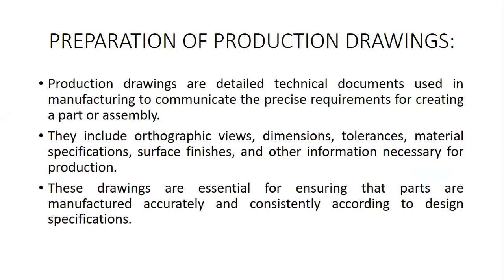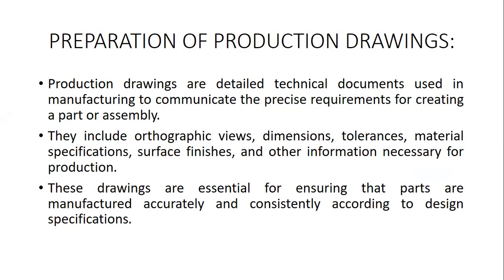Next one is the importance of production drawing, preparation of production drawing in assembly components of various machine parts. Normally production drawings are said to be the detailed technical information or a document used in final manufacturing to communicate the various information that is required for manufacturing a part or an assembly joint.